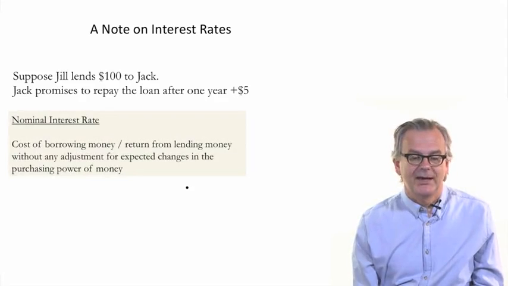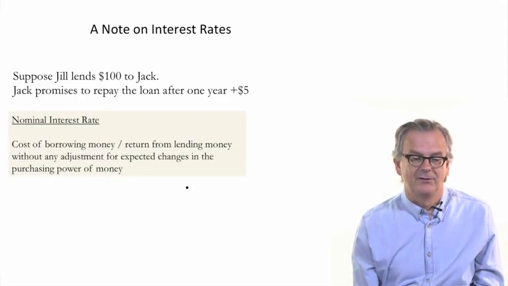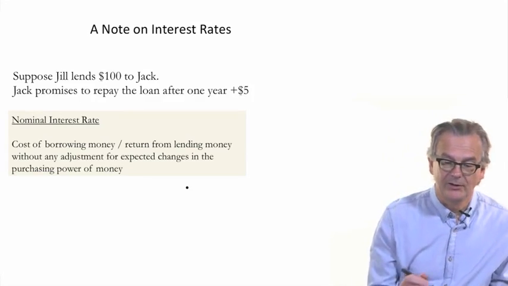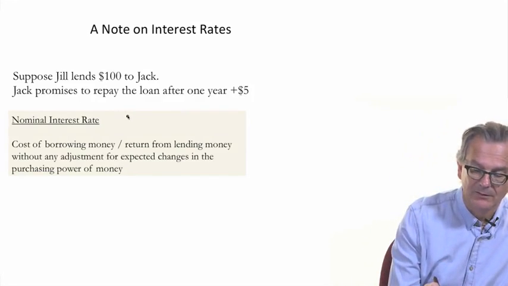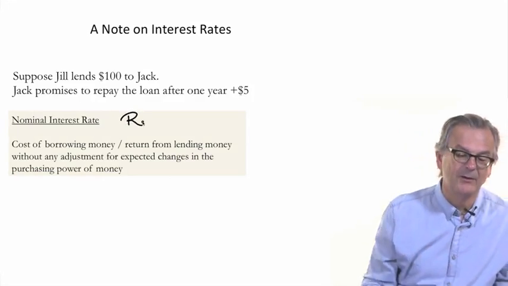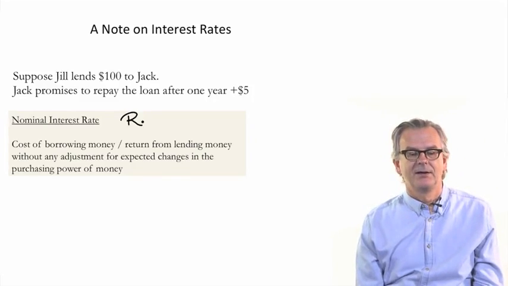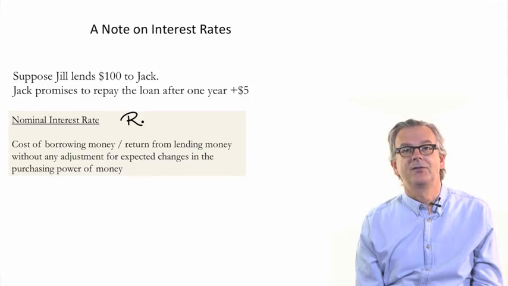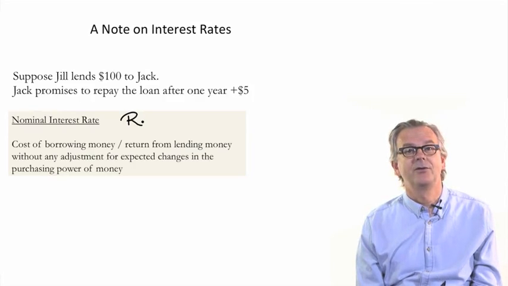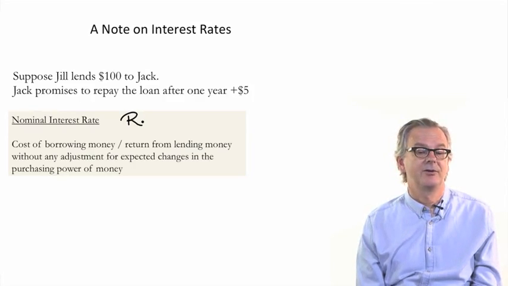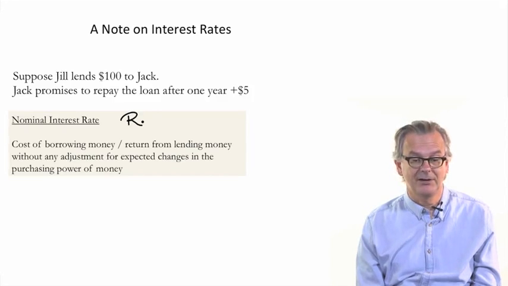There will be what's called a nominal interest rate associated with this particular loan, and I'm going to use some notation here. When I speak of the nominal interest rate, I'm going to use capital R to indicate that interest rate. Nominal interest rate is sometimes known as the market interest rate. It's the interest rate that's quoted to you when you go into a bank and apply for a loan, or it's the interest rate associated with this Jack and Jill loan that we're talking about here.